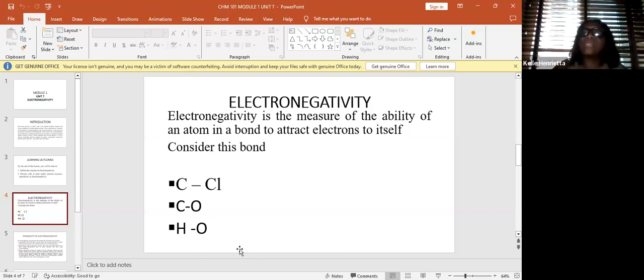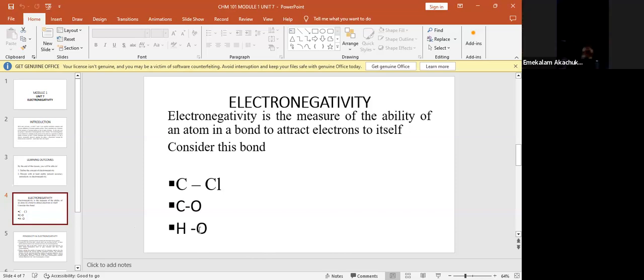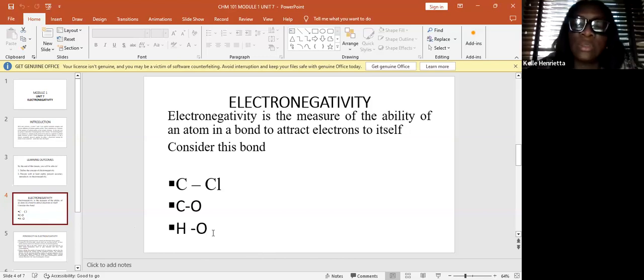So as this oxygen is in a bond with this hydrogen, because oxygen has the tendency to drag, let me use the word now, drag this electron more to itself, then it is electronegative. And when you compare it on a scale between it and hydrogen, it is more electronegative than hydrogen.